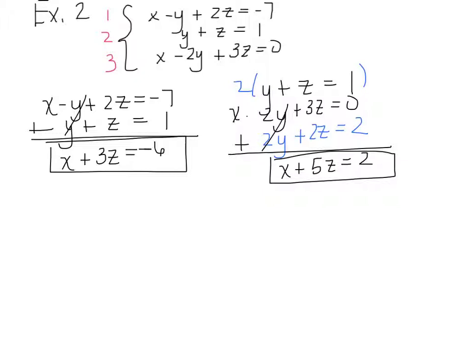So I will put these two rows together. X plus 3z equals negative 6. X plus 5z equals 2. So I'm going to make the x's cancel. So I'm going to multiply this whole bottom row by negative 1.